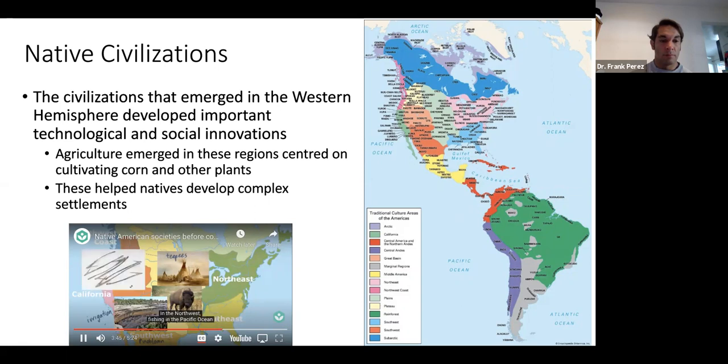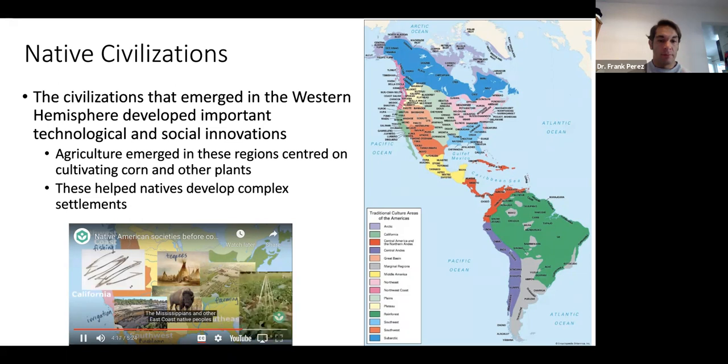In the Northwest, fishing in the Pacific Ocean gave Native Americans a plentiful source of food, while farming allowed the Mississippian peoples to develop large settlements like Cahokia near modern-day St. Louis, which at its peak may have had as many as 25 to 40,000 residents.